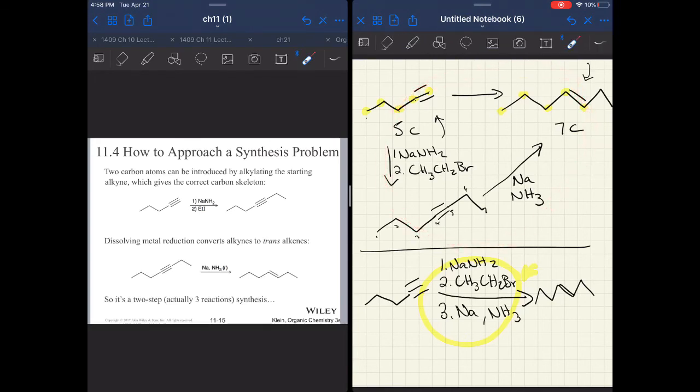One of the nice things about presenting in this way is that if you know that you need to get from A to A2, but you don't know how to do it, you can put this in. You could write magic or leave it blank. And then maybe you know that you need that dissolving metal reduction in the last step, and it can help you get to partial credit.